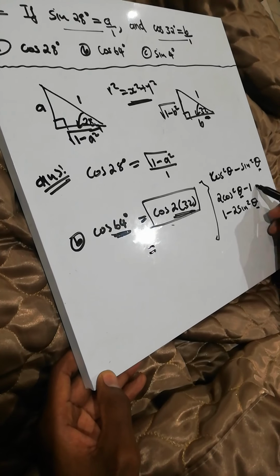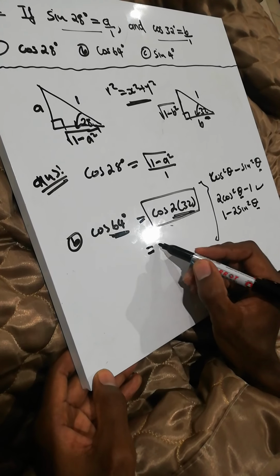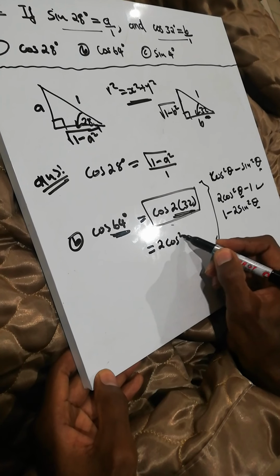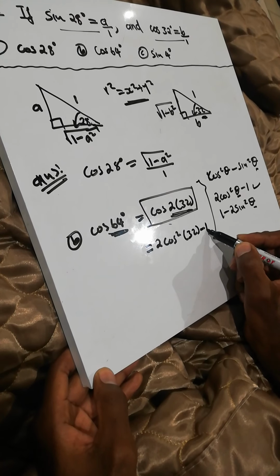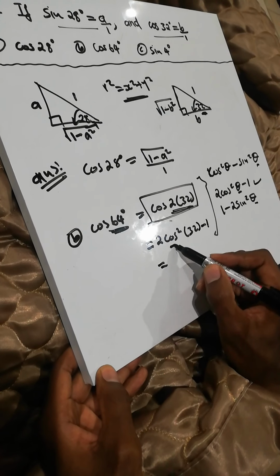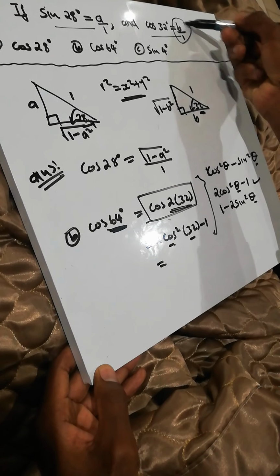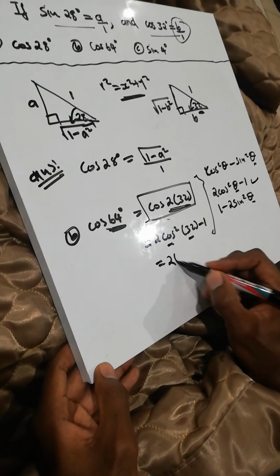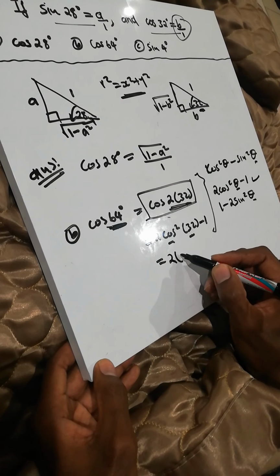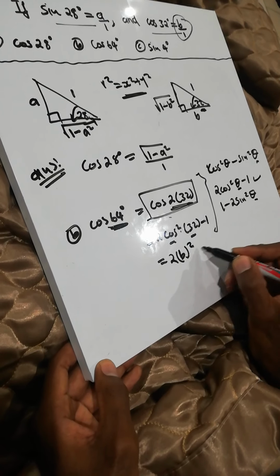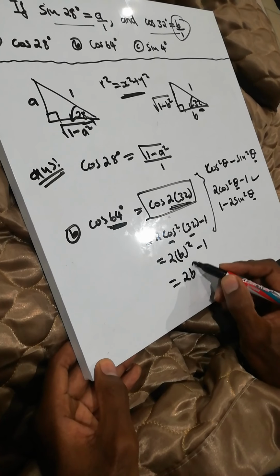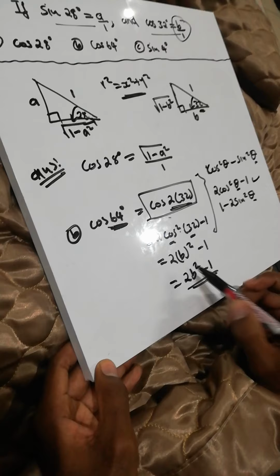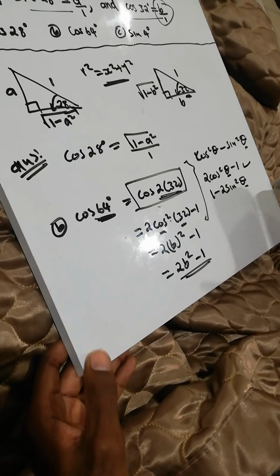So we can pick the second and say we have 2 cos squared of 32 minus 1. And we know that cos of 32 is equal to b, therefore we're going to have 2 into b squared, minus 1. Simplify this one, we're going to have 2b squared minus 1. We've solved the second part of the problem.